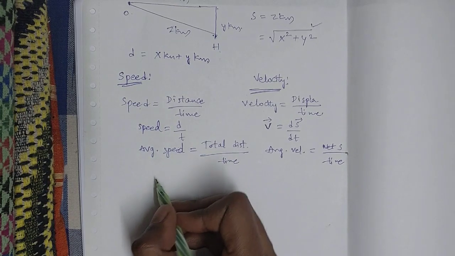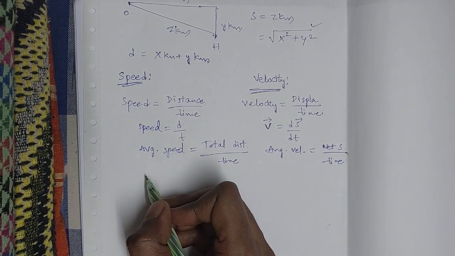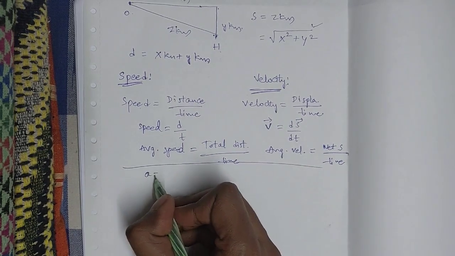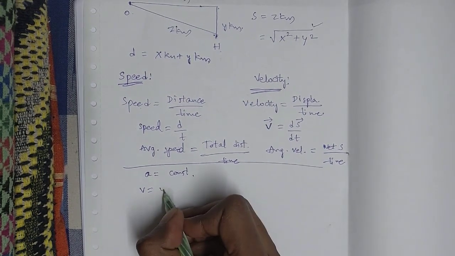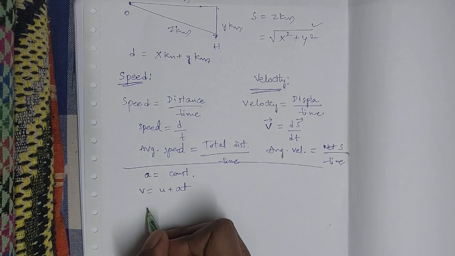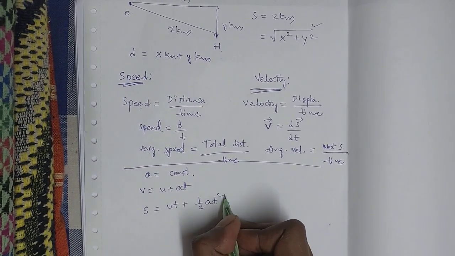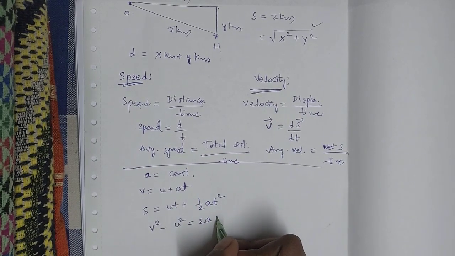Next, basically we have three formulae for the motion of a body when we consider acceleration as constant. Those three basic formulae are v equals u plus at, s equals ut plus half at square, and v square minus u square equals 2as.